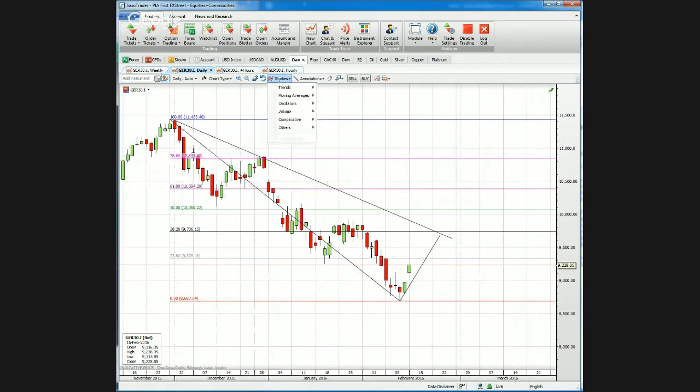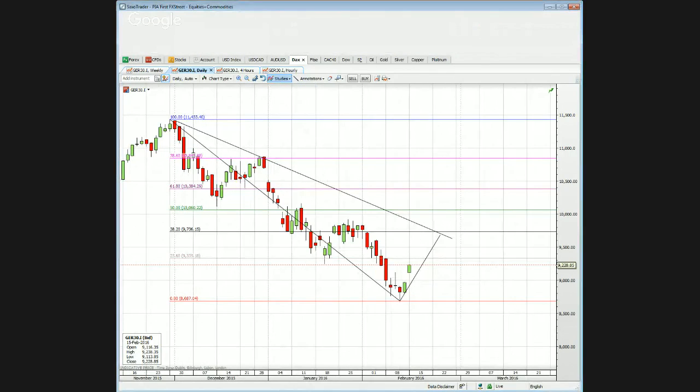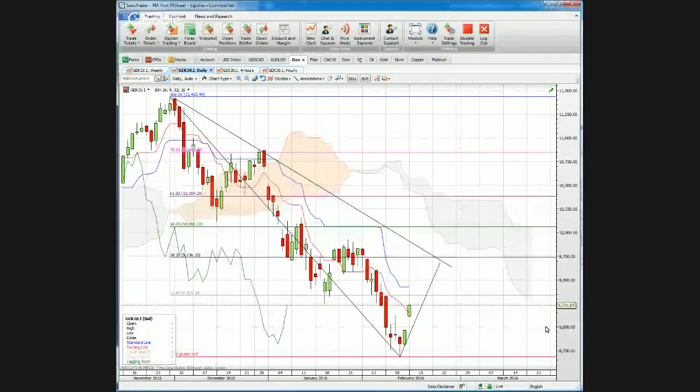There are plenty of indicators we use, as well as the Ichimoku cloud. Apply that to give you an idea. Again, that is a great visual tool to show you where the longer-term resistance is.